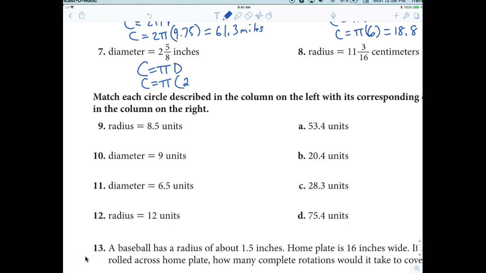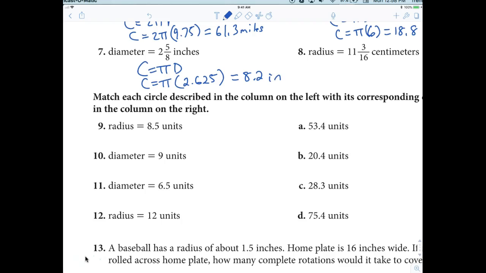Oh, 0.625. There you go. So try to remember that, put that in your desk or in your mind. 2.625. All right. And so now tell me what that is. It is 8.2. 8.2 what? Oh, inches.